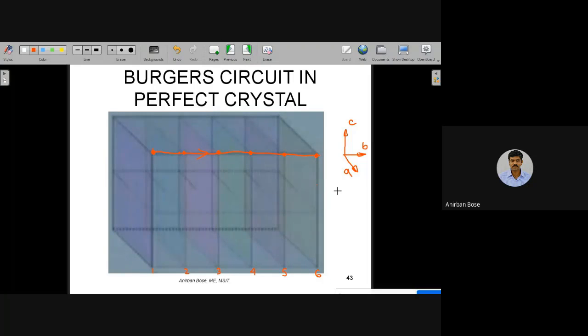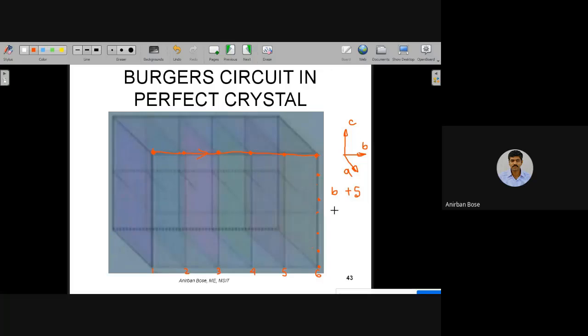So how much have you moved? Along the B direction, you have moved by plus 5. Then let us consider there are atoms present at this interval.